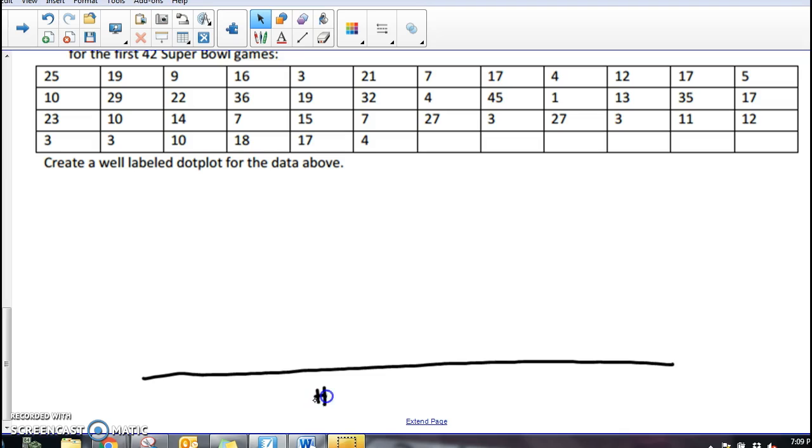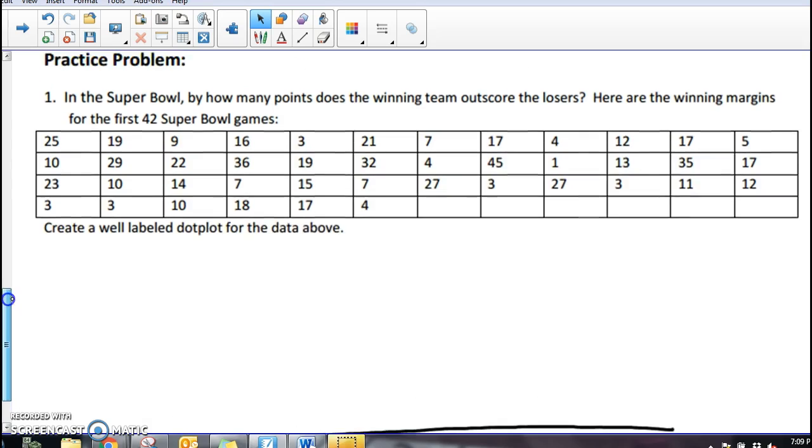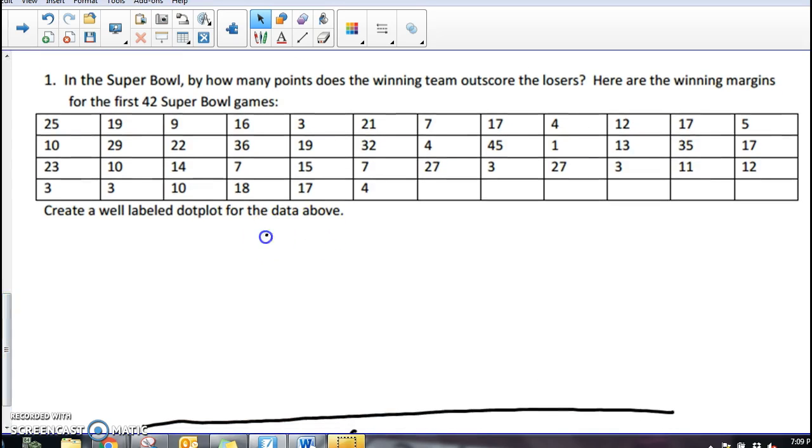And then here we'll put number of points along the axis. We'll put the title up here, so this would be winning margin of Super Bowls.